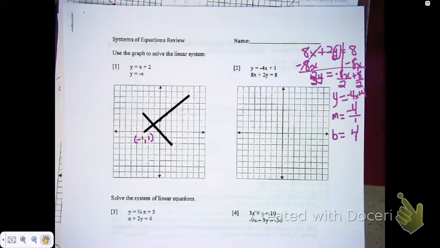All right, so I've got a point at positive 4, so I'm going up 1, 2, 3, 4. I'm putting a point. Okay, what's my slope tell me to do? What's it tell me, Lydia? It's a negative 4 over 1. Very good.